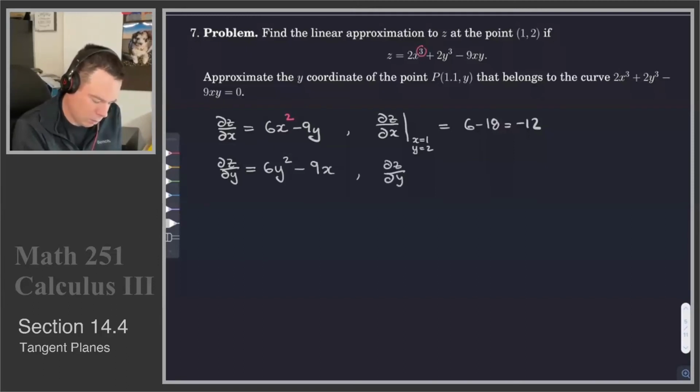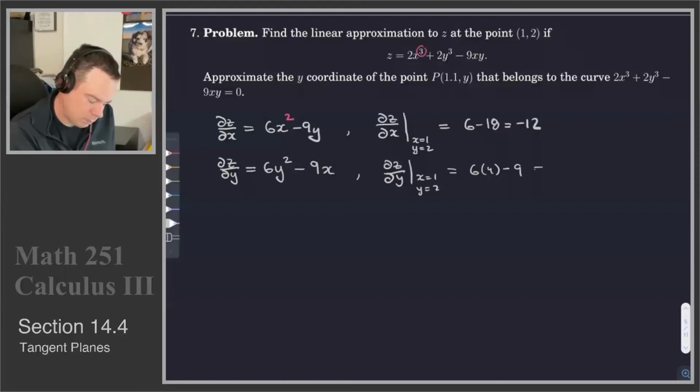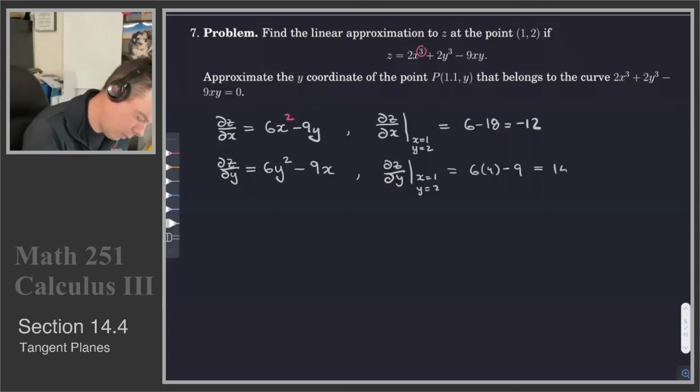Then we'll work out the derivative at the point in question. And this becomes 6 times 4 minus 9, or 24 minus 9, which is, in this case, 15.